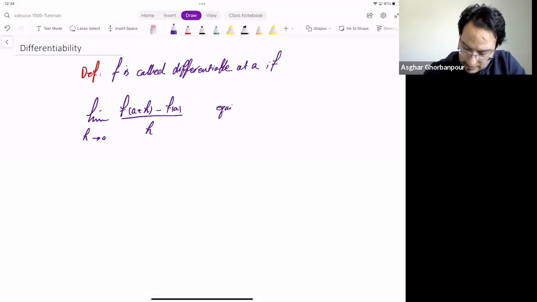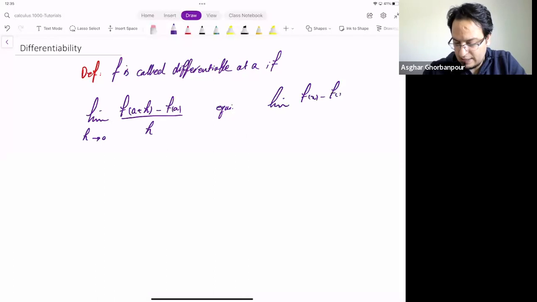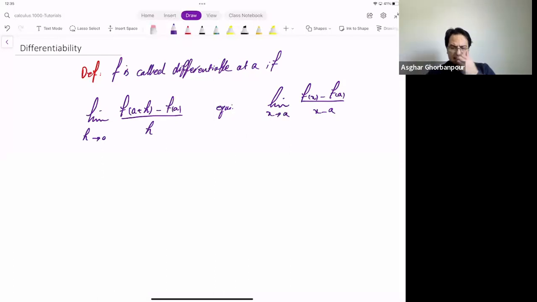Equivalently, this other limit, which is the limit of f at x minus f at a over x minus a as x goes to a. These have kind of different intuition. One comes from the slope of the tangent line intuition.